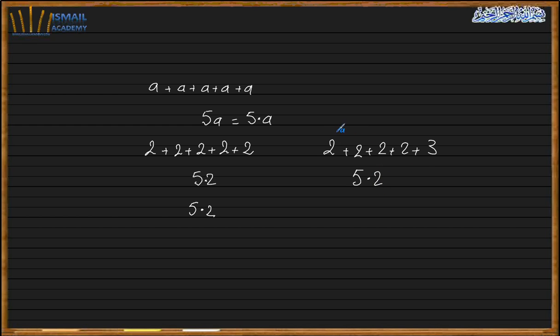No, they must be identical. The addends are countable and identical. Then I can change from this notation, which is the long addition, to a short notation, which becomes multiplication. So that's exactly what multiplication is.